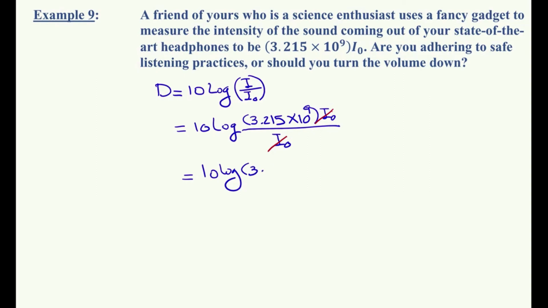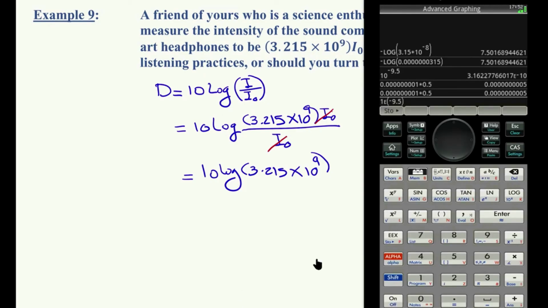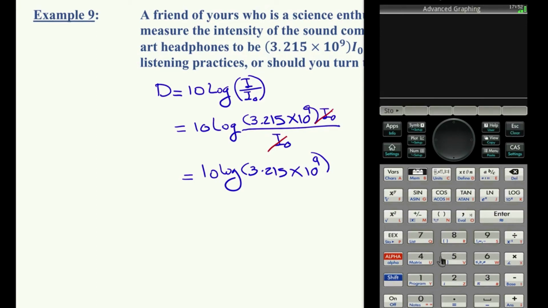So we end up with just equals 10 times log of 3.215 times 10 to the 9. For that, of course, we'll go ahead and utilize a calculator. So we get 10 times log. Make sure you use the log, not the ln.